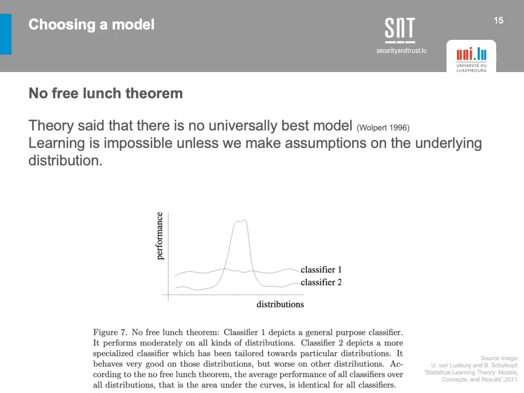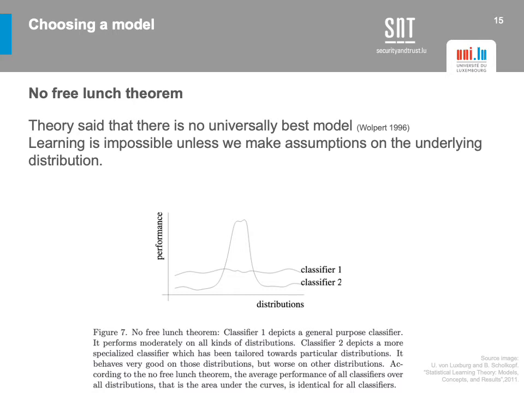Here is just a quick graph, don't bother too much about understanding it, because the idea is just that if you have a lot of variety of distributions of datasets, and you have different models, some models may perform very well on some data. You can see that classifier 2 here, model number 2, performs really well in the middle type of distribution, so some dataset, but performs badly on others.